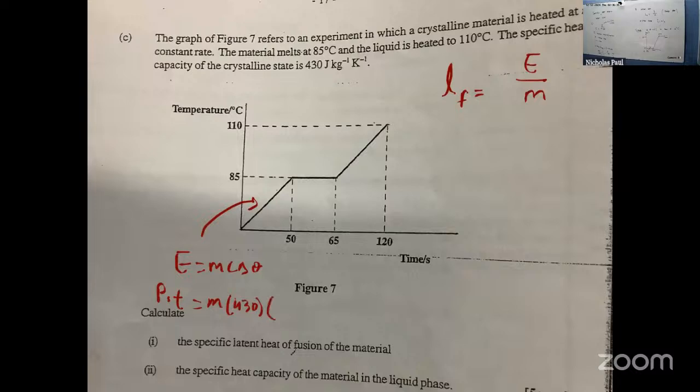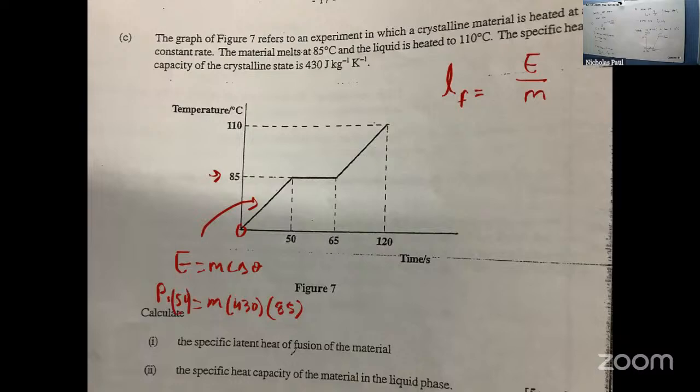From 0 to 85, so 85. How long did it take during the crystalline state? 50 seconds.